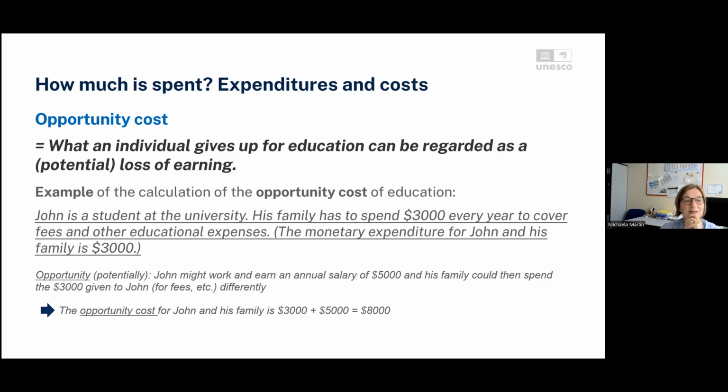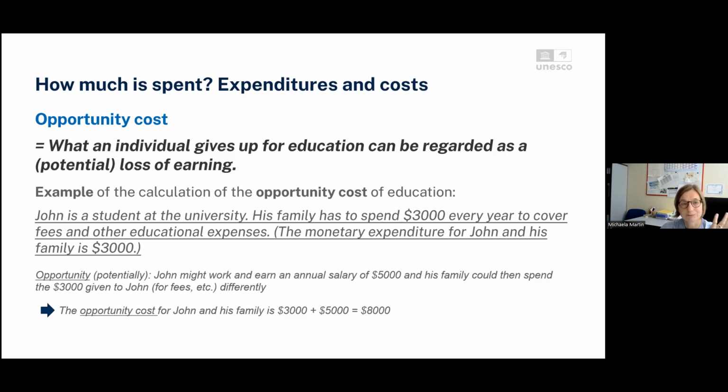John is a student at the university. His family has to spend $3,000 every year to cover fees and other educational expenditure. So the monetary expenditure for John and his family is $3,000. That's very easy. Now the opportunity cost.